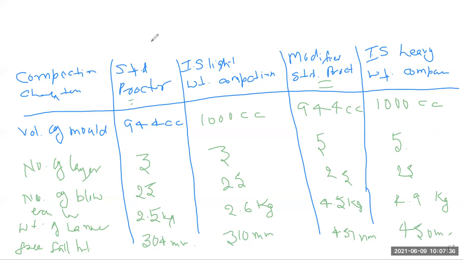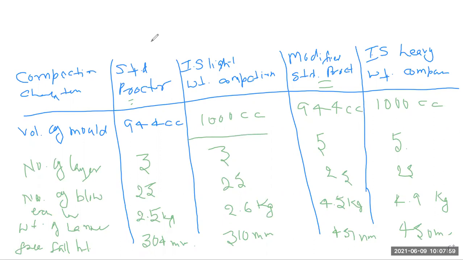So what is the process of the method in the lab? For Indian standard lightweight compaction, the mold size is 1000 cc.